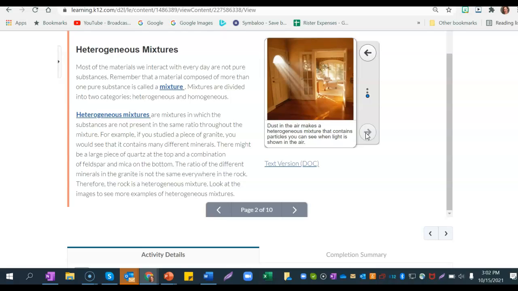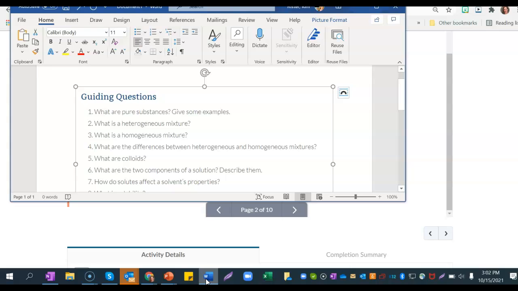So that's how I can see when my kitchen floor is really dirty from the morning sunlight. But you can see that in the air. Okay, so hopefully you have some examples down of heterogeneous mixtures. And if you look at guiding question 2, it asks what is a heterogeneous mixture? You can answer that now, and then moving on to homogeneous mixtures, we are ready to go.